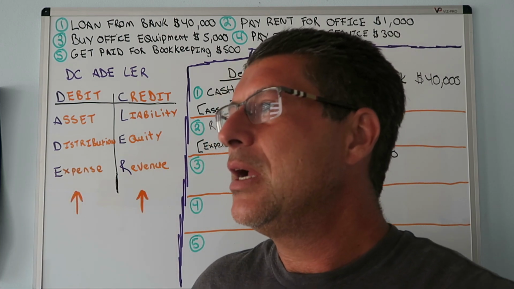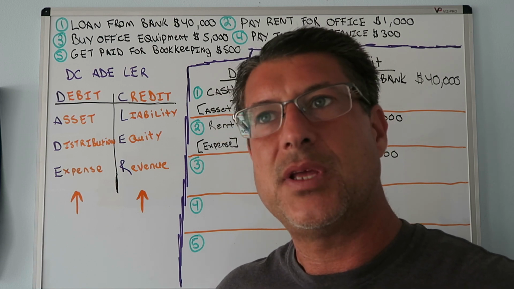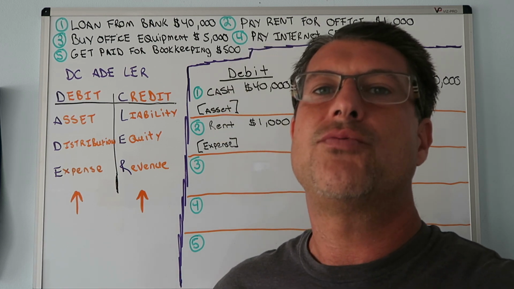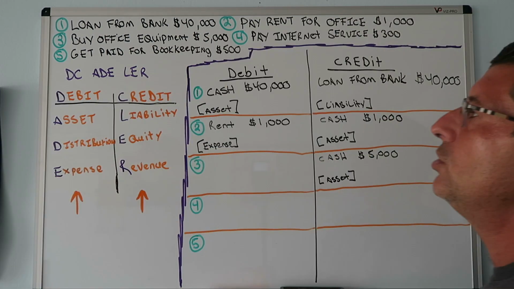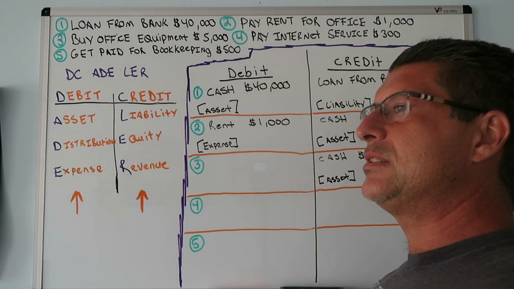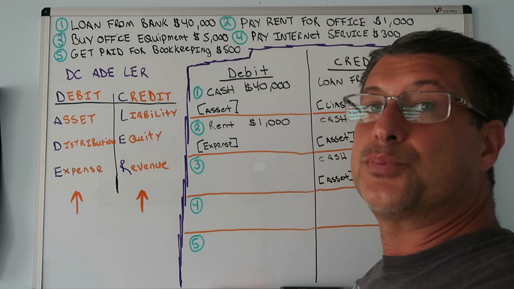But for now, it's an asset because it's going to provide us resources and value for a future time. So office equipment is going to be an asset, but it's going to be a fixed asset that depreciates.